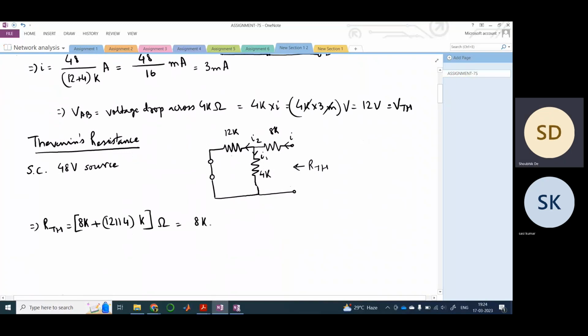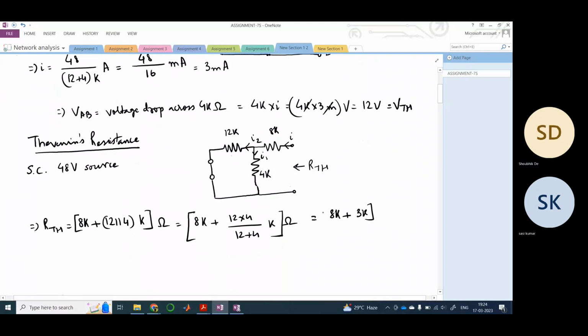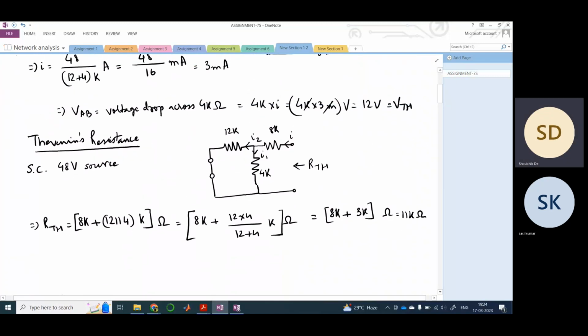What is the value? 8K plus 12 into 4 divided by 12 plus 4K. So 8K plus 48 by 16, so 3K, which is 11K. So this is our equivalent RTH.